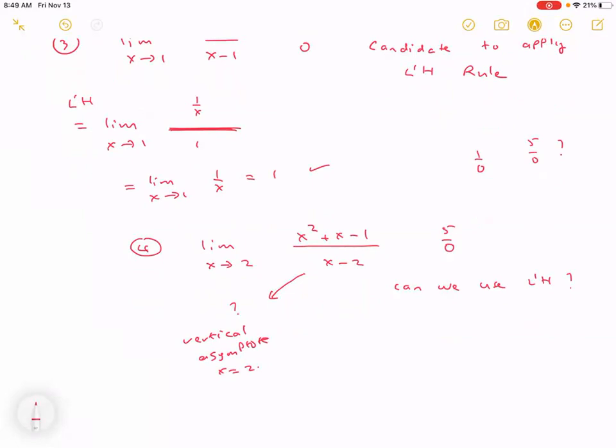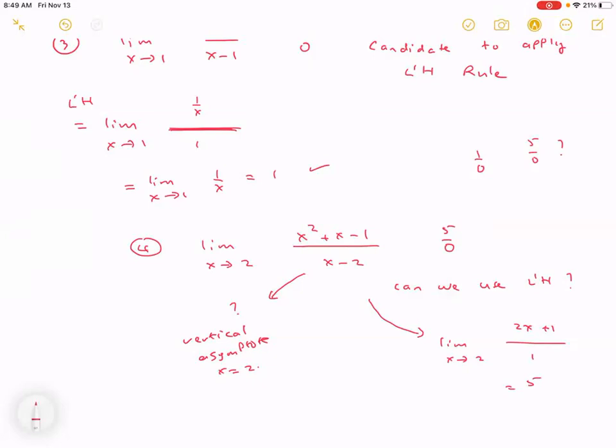On the other hand, if you try to apply L'Hopital's rule, what do you get? 2x plus 1 in the top, 1 in the bottom, so you get 5.